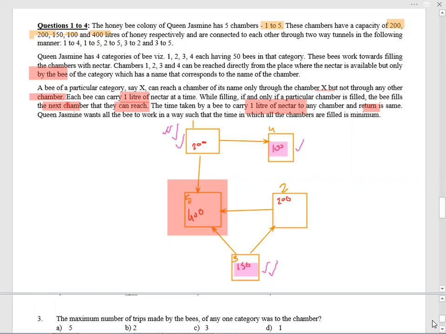For 1, we also have seen 3 trips. For 4, 2 trips. 1 requires an extra 50, which is coming from 4. So with 3 trips, 1 can be filled up. With 2 trips, 4 can be filled up. With 3 trips, 3 can be filled up. 2 requires 4 trips. 5 is there in the option, but 5 will be done with all of them.